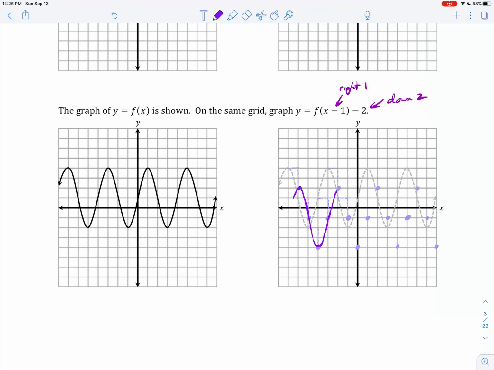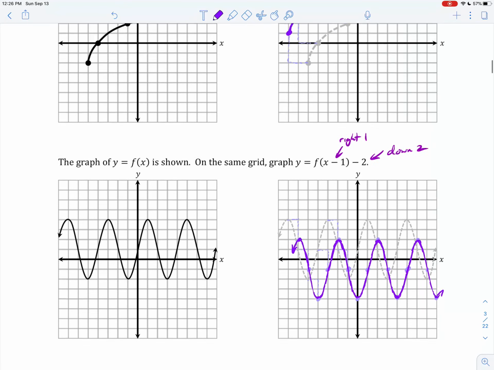This nice little wavy function, whatever that is. Note this ended with arrowheads, so we should have arrowheads either end.